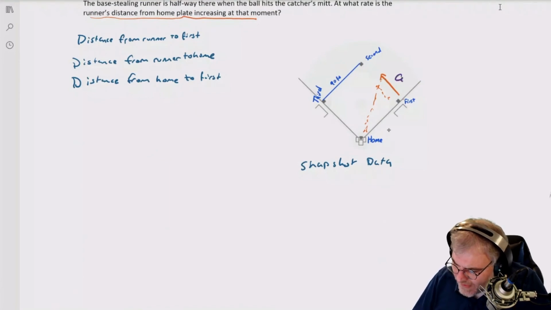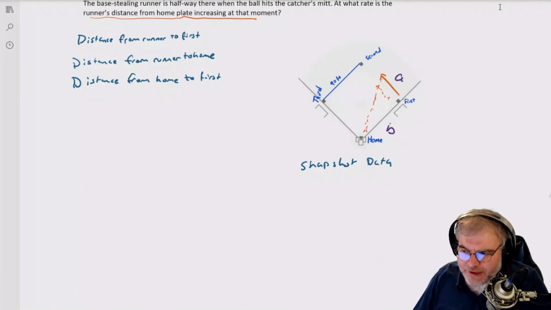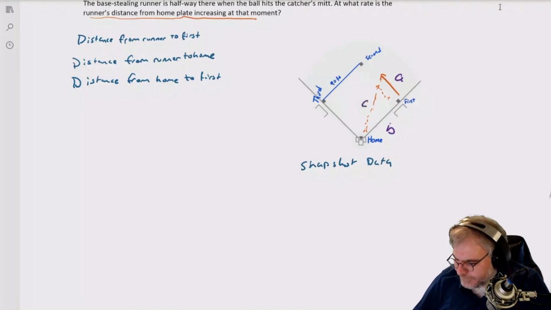And I'm going to call this side B, and to be very original, I'm going to call this side C. Right, so the distance from the runner to first is A. The distance from home to first is B, and the distance from the runner to home is C.